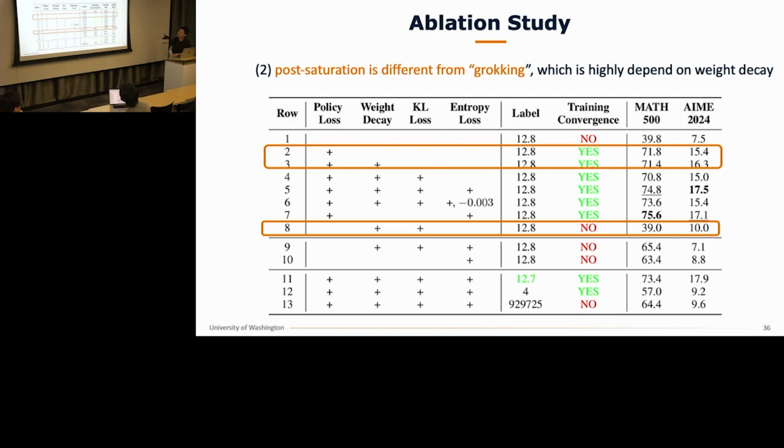But here we argue it's something different, because most of the time in Grokking, you do need a rate decay to have this improvement. Here, without rate decay, you can have this post-saturation. So we say it's a different mechanism from the Grokking observed in earlier work.